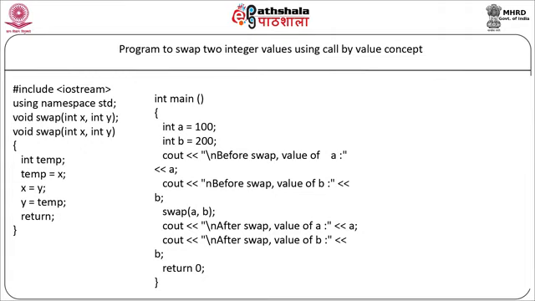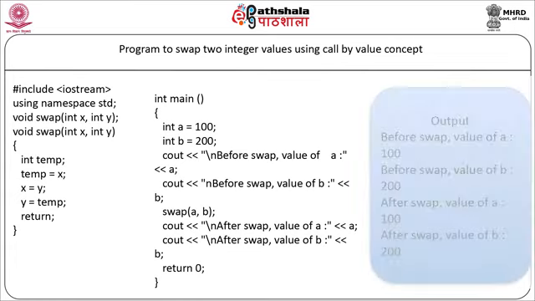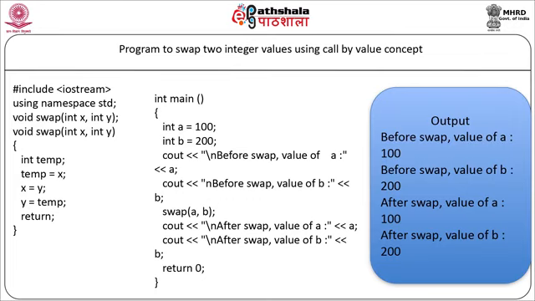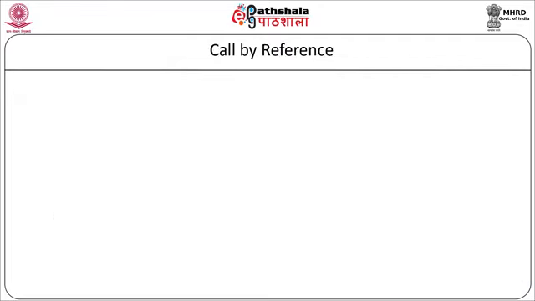Whatever changes the function has made to swap the values of x and y will not be reflected back inside the main program. Now when the above code is compiled and executed, it will produce the result: before swap the value of a is 100, before swap the value of b is 200, after swap the value of a is 100 and after swap the value of b is 200. So swapping has not taken place for the variables a and b, but it has taken place for the variables x and y.